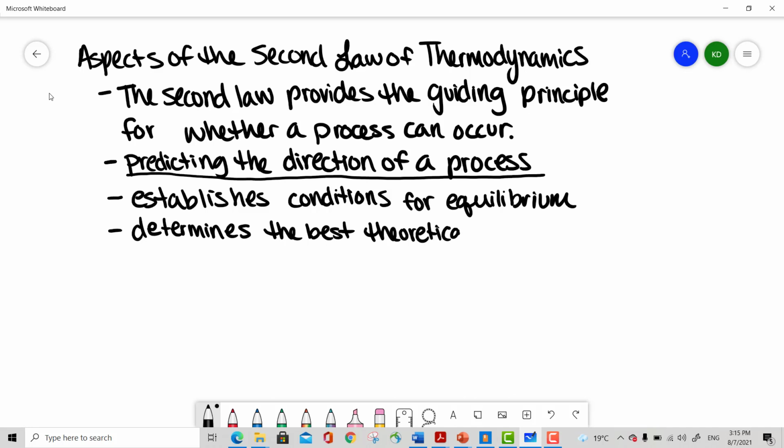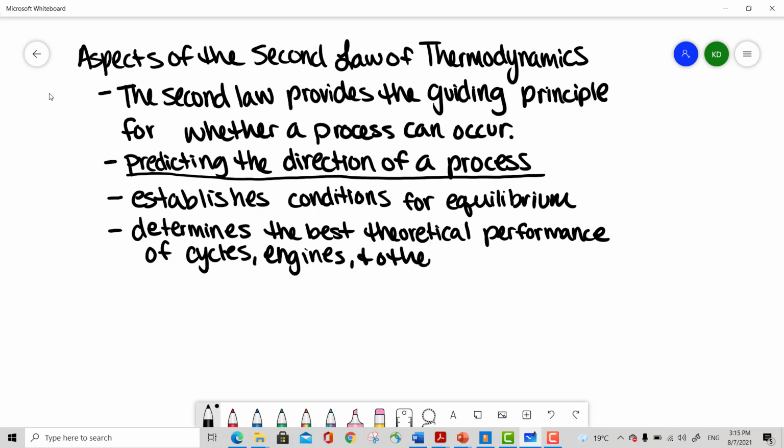Theoretical performance of cycles, engines, and other devices. Okay, so this little section determines the best theoretical performance of cycles, engines, and other devices.